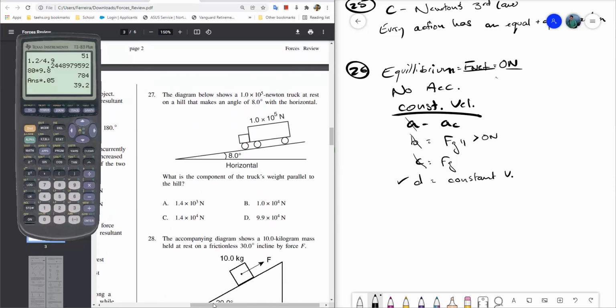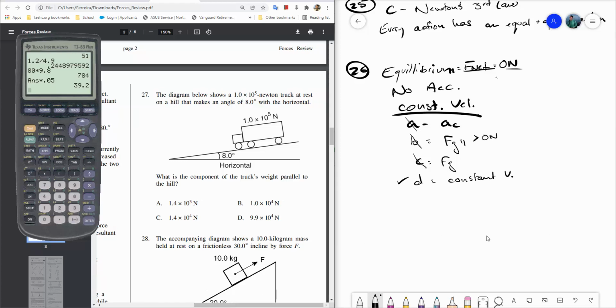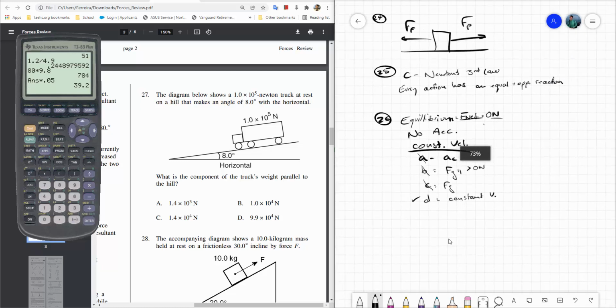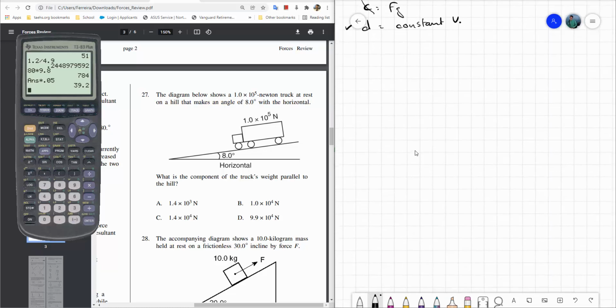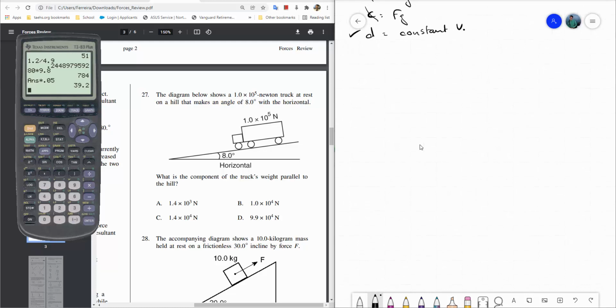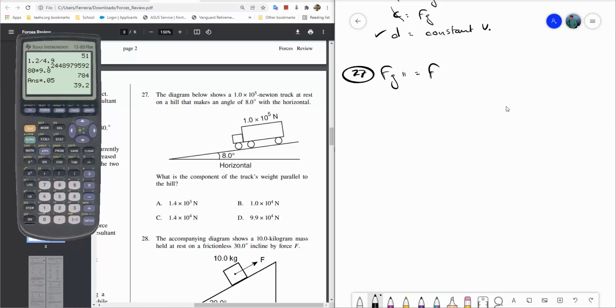27. The diagram shows a 100,000 newton truck at rest on a hill at an angle of 8 degrees with the horizontal. What's the component of the truck's weight parallel to the hill? So you have a hill. Now the force of gravity parallel for number 27 is equal to the force of gravity times sine theta.